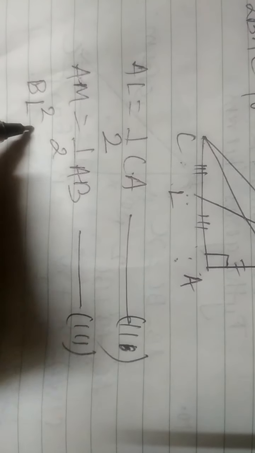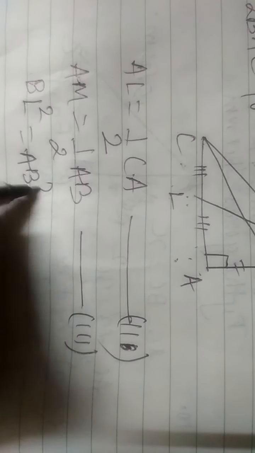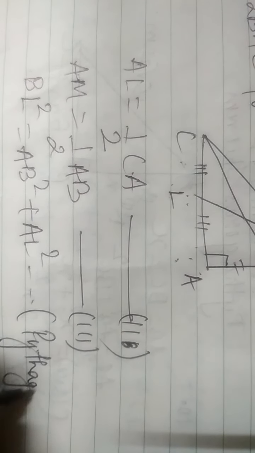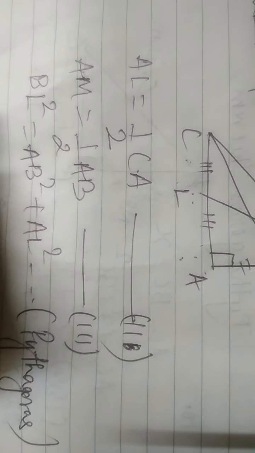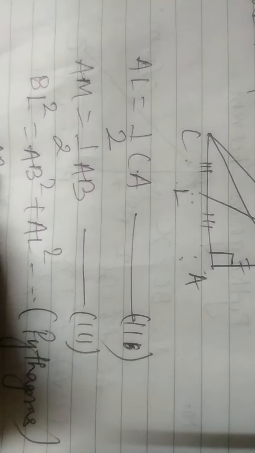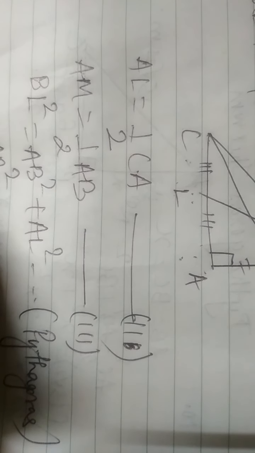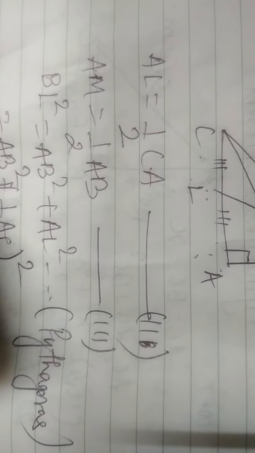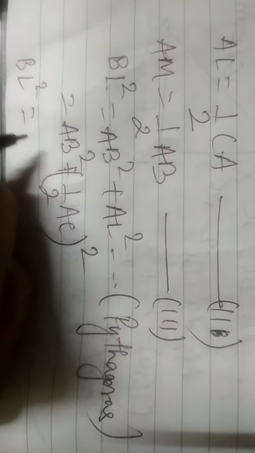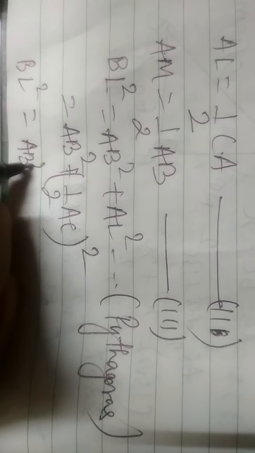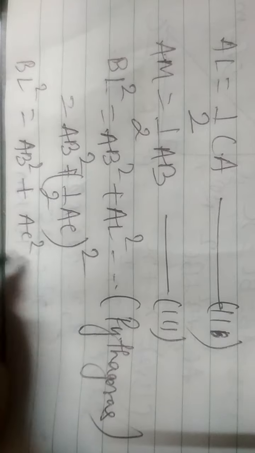Now we take the right angle triangle and use the Pythagoras theorem: BL square equals AB square plus AL square. AL square we already got as half of AC square, so BL square equals AB square plus AC square upon 4.